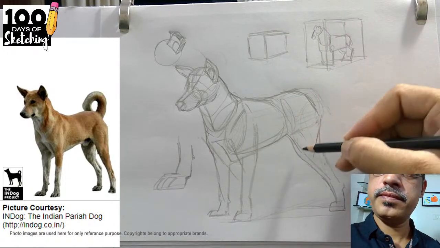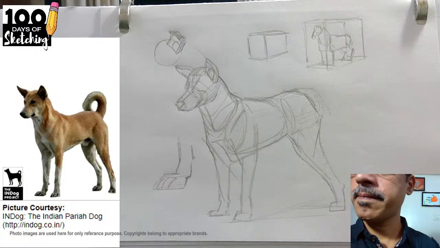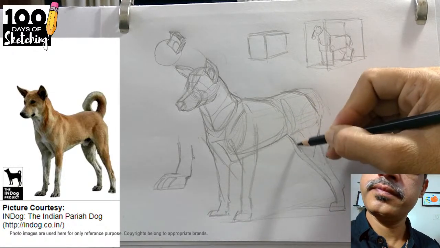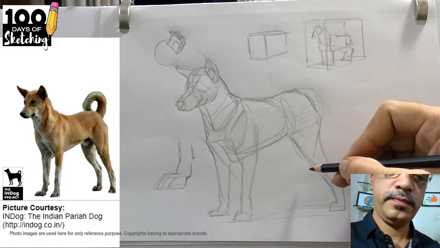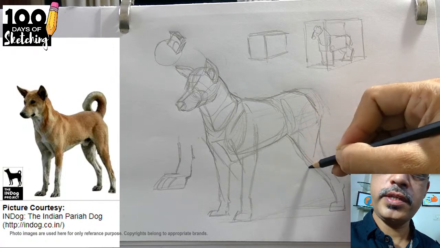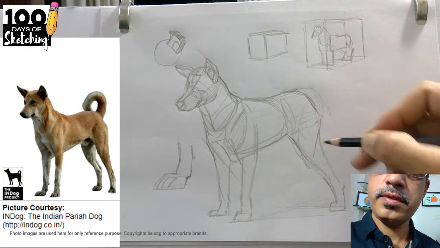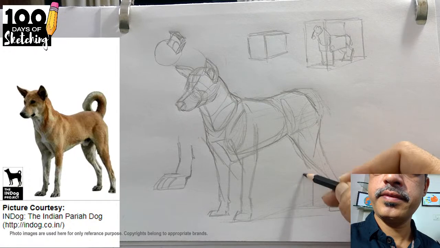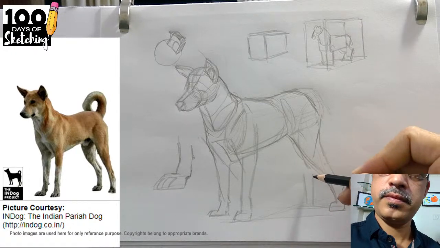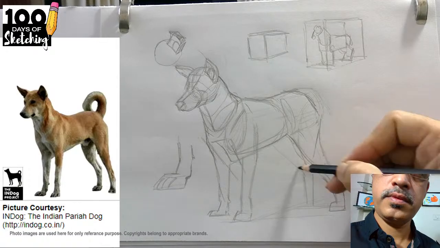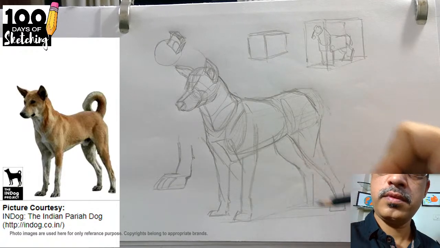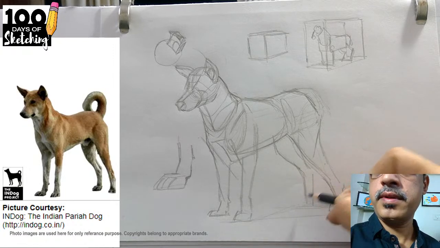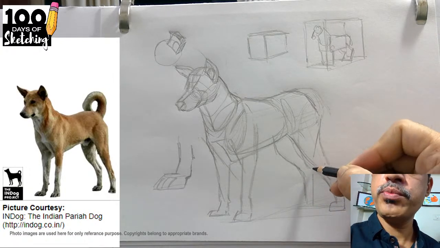And from here, you can see this curvature line coming here, and this is the negative space forming. Your observation has to be very keen.